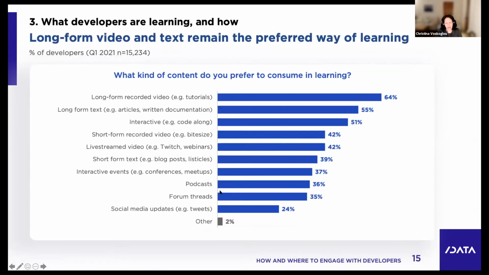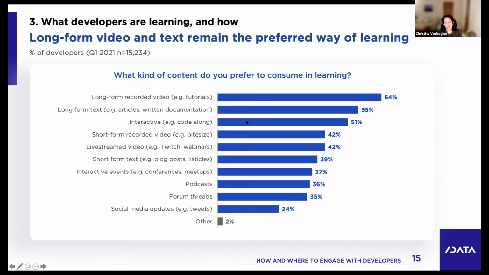Then how do they want to learn? How do they learn? So we ask developers what kind of content they prefer to consume in different scenarios, when they learn, when they engage with peers, when in research, and so on. So here we're showing you, since we're talking about learning and information, what kind of content they prefer to consume in learning.